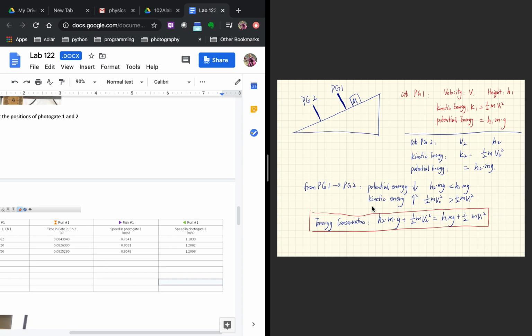All I need for the lab report is to verify this equation using these three data sets. Because there is only one H2 and one H1, we can keep H2 and H1 fixed and use three different V2 and three different V1 to verify this. And that is all you need to do for the lab report. And that's it. Just do part one.